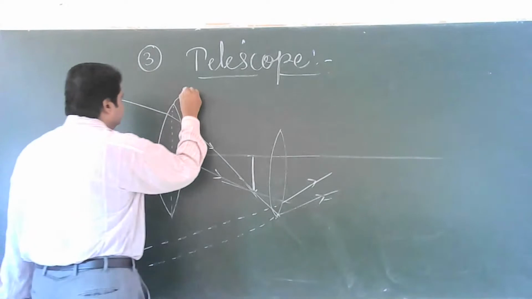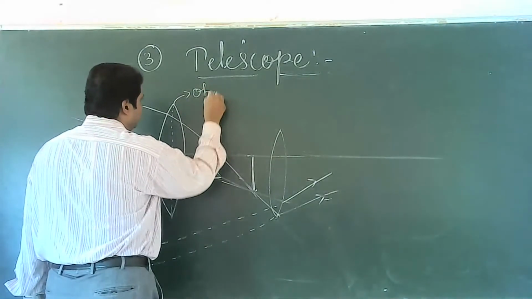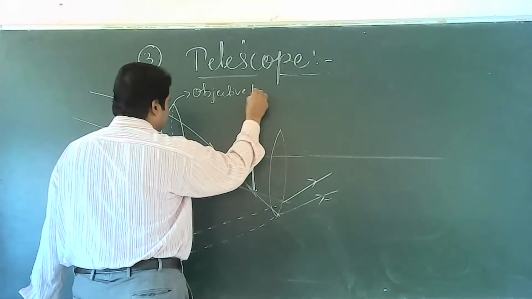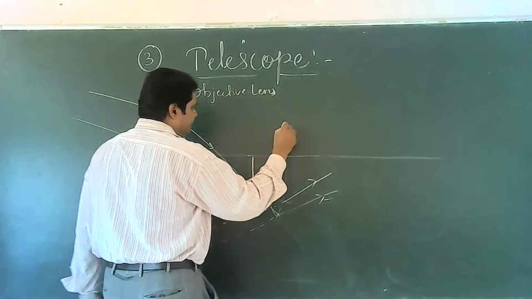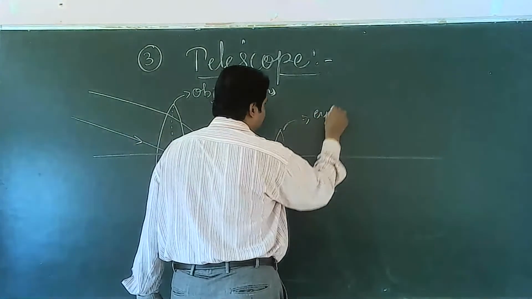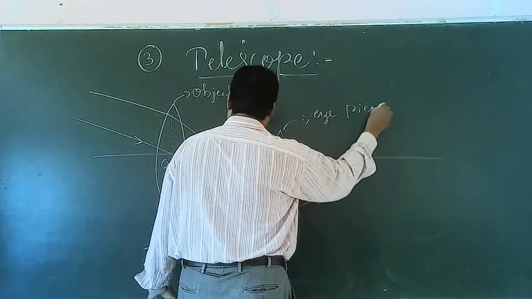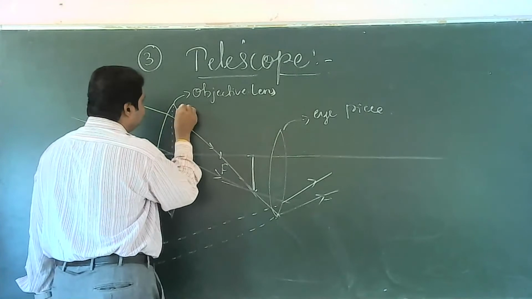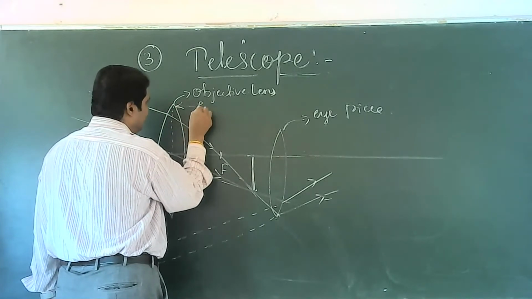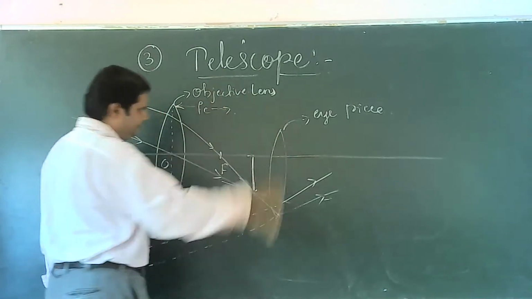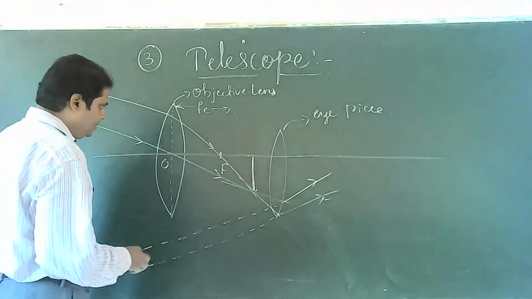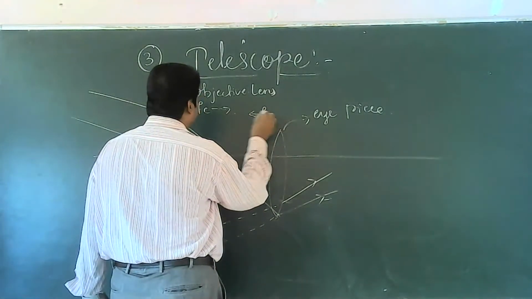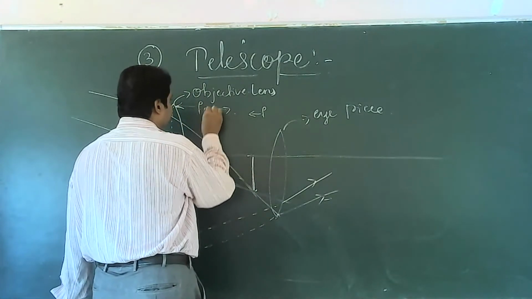This lens here is called the objective lens. This lens is the eyepiece. This second principal focus is at distance Fe. This is F2 actually.